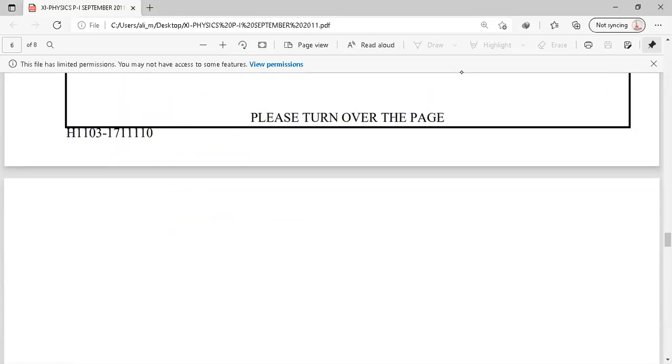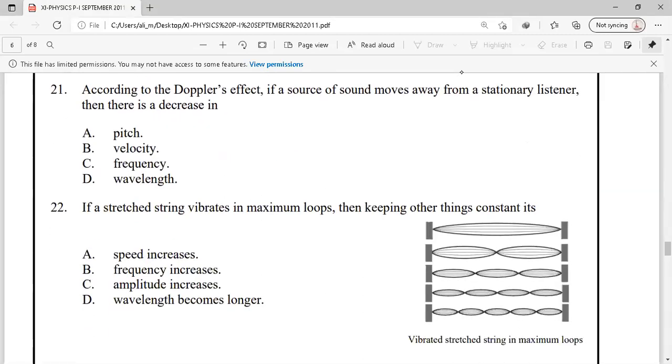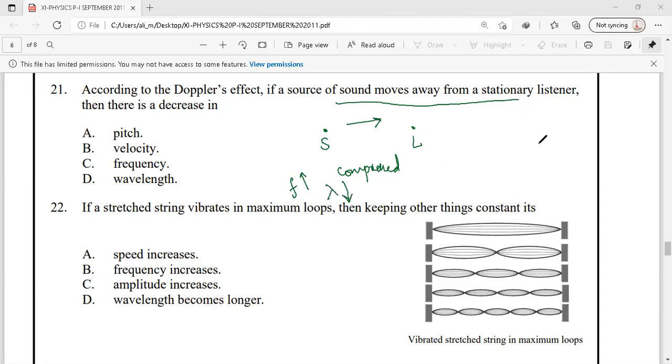Let's come to our question number 21. According to the Doppler effect, if a source of sound moves away from a stationary listener, there is a decrease in which of the following quantities? We know that if a source is approaching the listener, the sound waves are compressed, so frequency increases while the wavelength decreases.